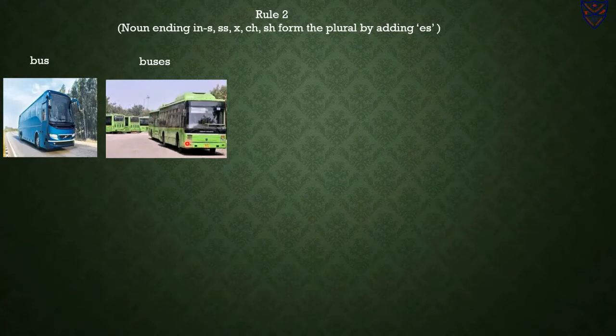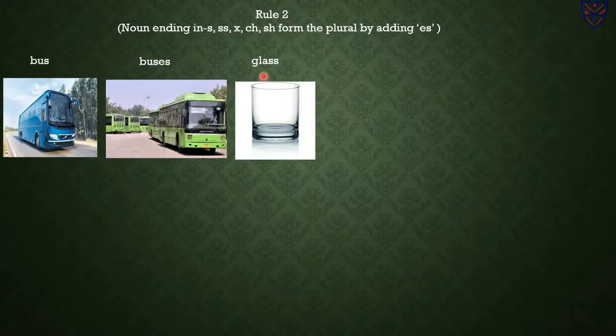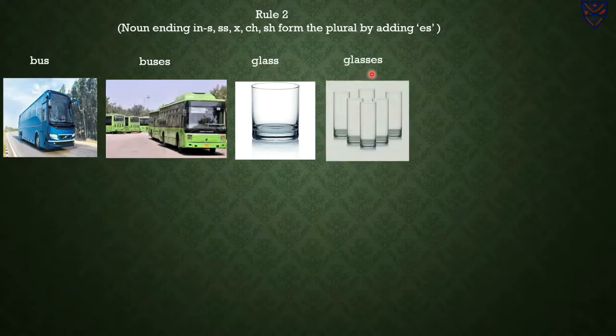Okay, glass. You can see glass means one glass. At last double s is there. Okay. So to convert this glass into plural, we have to put es at last, glasses. Glass means one glass and glasses means many glasses.